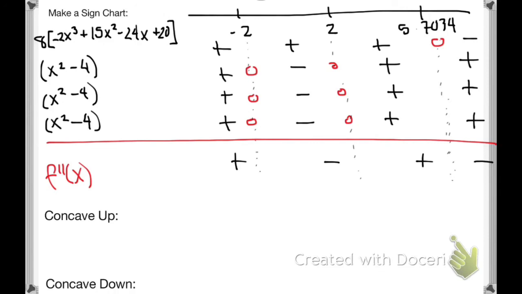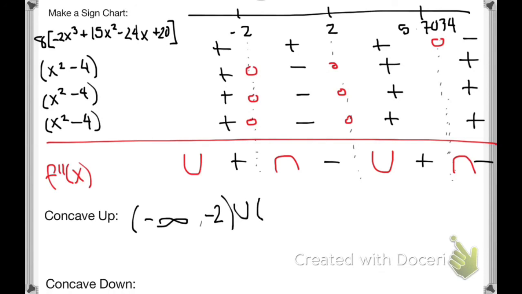Now, as you can see, I've got a positive, a negative, and a positive and a negative. Positive values are going to correspond to intervals of concave up, and negative values are going to correspond to intervals of concave down in our graph. So between negative infinity and negative 2, we have an interval of concave up. And between 2 and our x value of 5.7034, we have another interval of concave up.